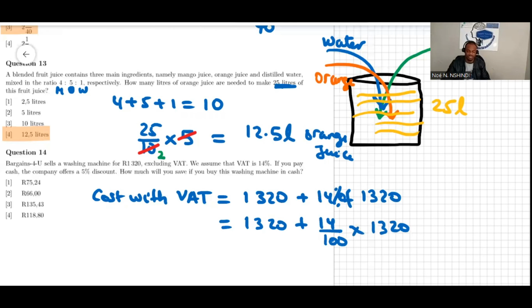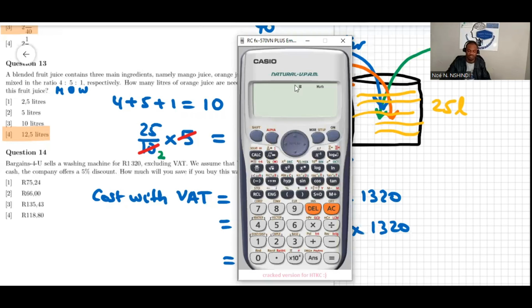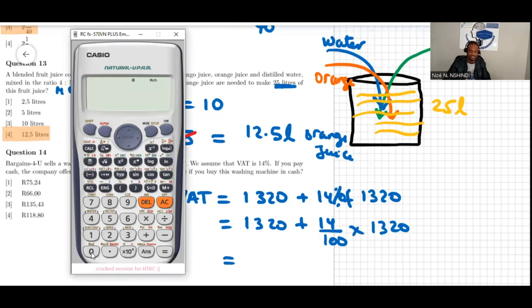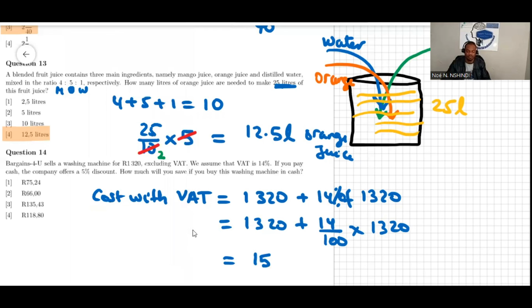You can use a calculator here: 1320 plus 14% is the same as 0.14 times 1320, because it is 14% of the initial price. If the calculator asks, you must press SD. This is equal to 1504.8. This is the cost of the washing machine, VAT included.